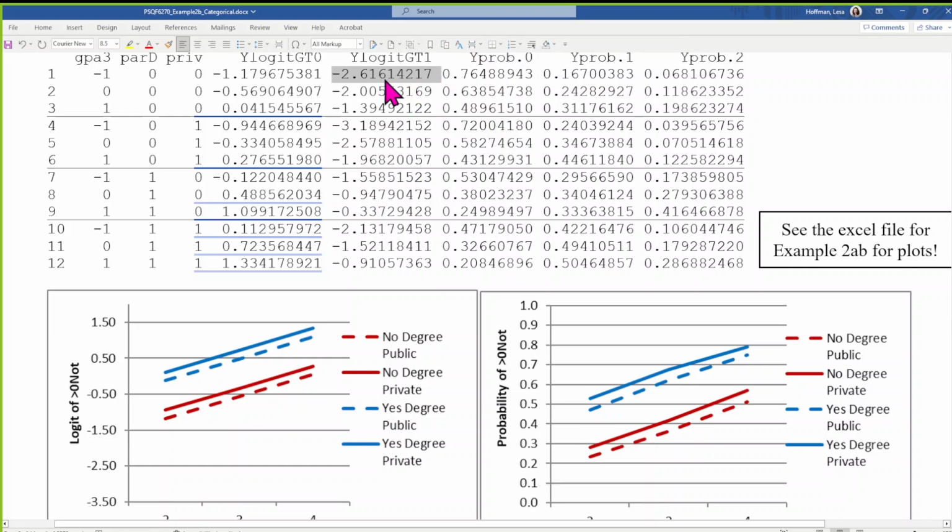I can then work backwards to figure out what the predicted probability is for each of these categories. So my predicted probability of answering no is 0.76. My predicted probability of the middle category is 0.17. And my predicted probability of very likely is 0.07.